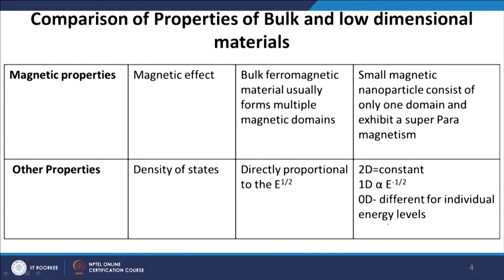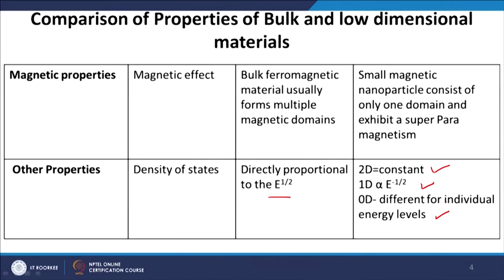Density of states for a bulk material is always proportional to E to the power half, or square root of E, whereas in the case of the nanomaterial we can get either a 2-dimensional structure or a 1-dimensional structure or a 0-dimensional structure. So, density of states for a 2-dimensional material is constant, for a 1-dimensional material it is inversely proportional to the square root of E, and for a 0-dimensional material it is different for individual energy levels, and we have seen that it follows the profile of a delta function.